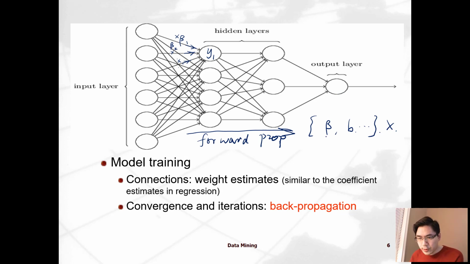Obviously, in the first few rounds of training, these coefficients are not going to be optimized, so the prediction will be far off, and then the error is calculated, and it goes through one round of backward propagation to figure out how to modify these coefficients, because the data will not be modified.